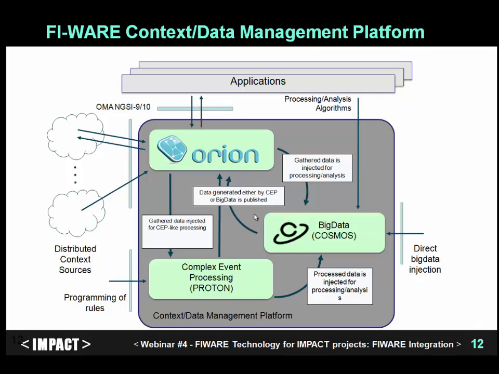And you have here the Proton complex event processing, and what it does is you can set rules for the Proton enabler to send alarms and to send messages whenever some conditions on the context information generated by Orion are met.